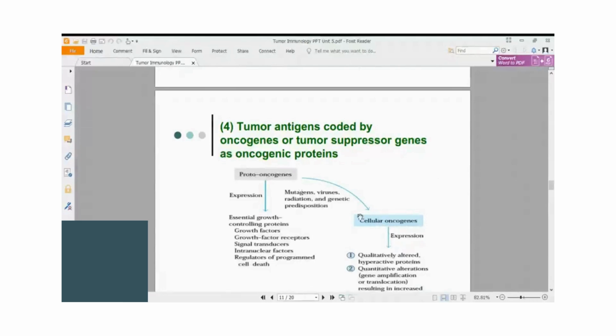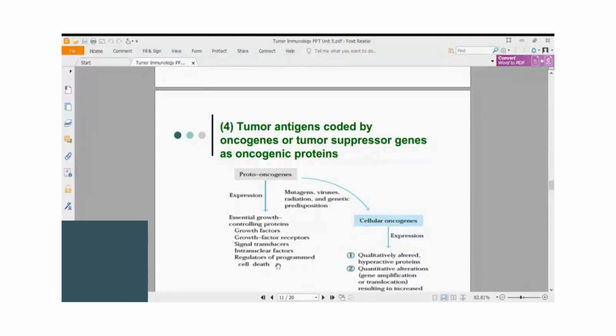The majority of them express proteins, and some belong to the membrane proteins as glycoproteins and proteins, and some of them act as growth factors, some act as growth factor receptors, some are signal transducing elements, and there are some intranuclear proteins which facilitate transcription. They are transcription factors that are the products of proto-oncogenes.